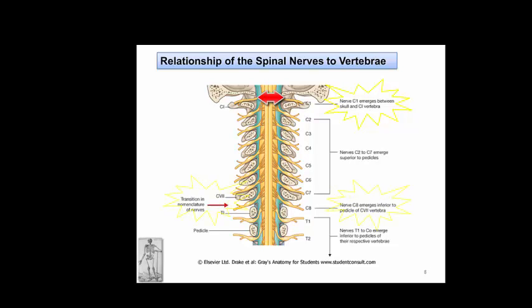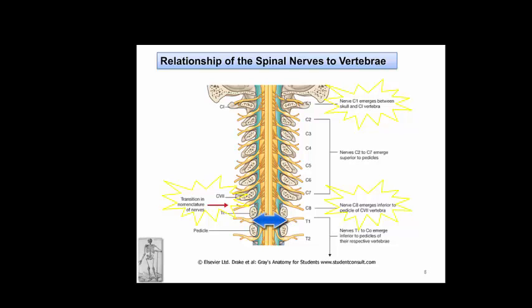A little further down, this is going to be different because we have a transition in the nomenclature. The C8 nerve is not going to emerge above, it's going to emerge below the C7 vertebra. And then we also have the T1 nerve emerge below the T1 vertebra.